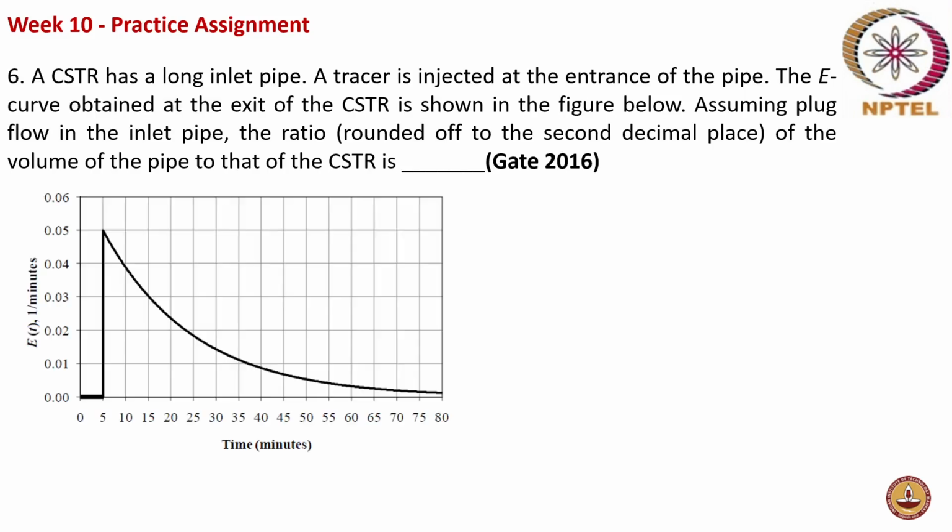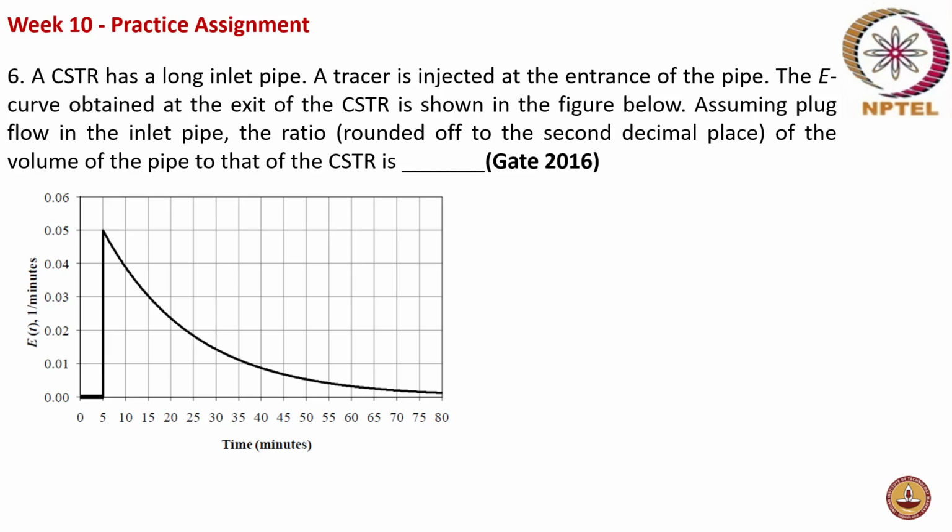Now let's go on to question number 6. A CSTR has a long inlet pipe. A tracer is injected at the entrance of the pipe. The exit age distribution curve obtained at the exit of the CSTR is shown in the figure below.